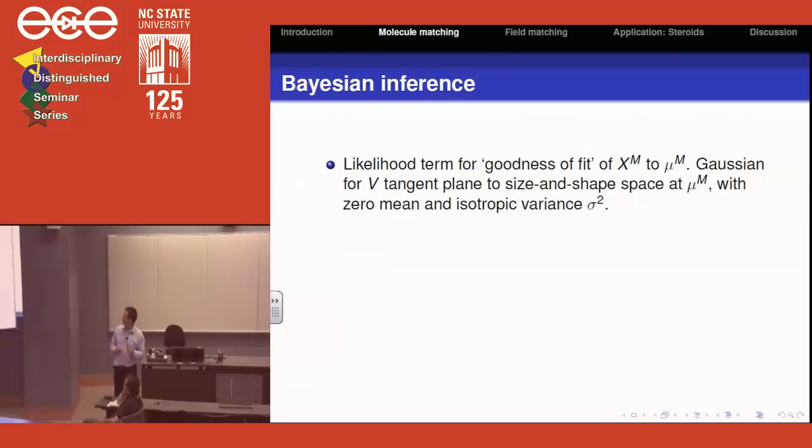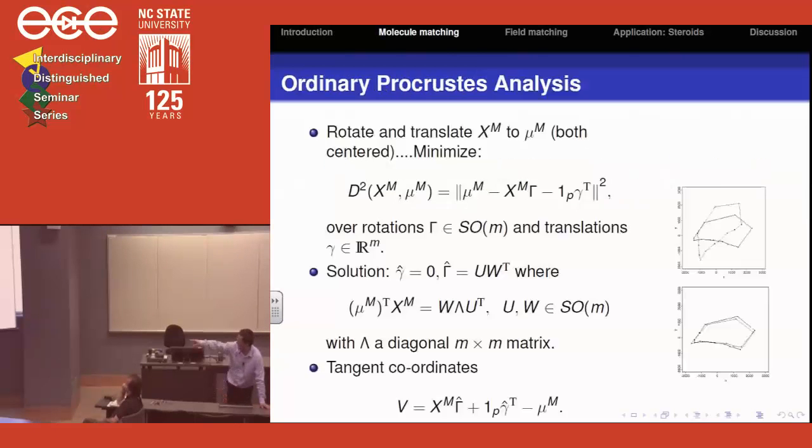And then how close they are will be just with some normally distributed errors. Okay, so we're going to have a Gaussian distribution for this V. The V is the tangent coordinates that I had at the bottom there. So once they're matched, then the errors in matching here will have a Gaussian distribution. So that's going to be part of the model.